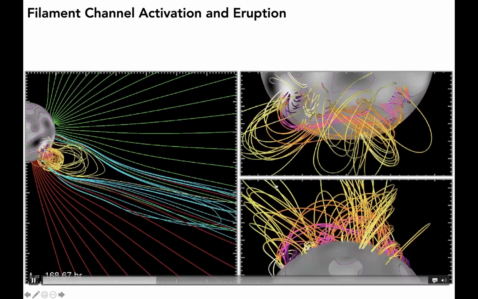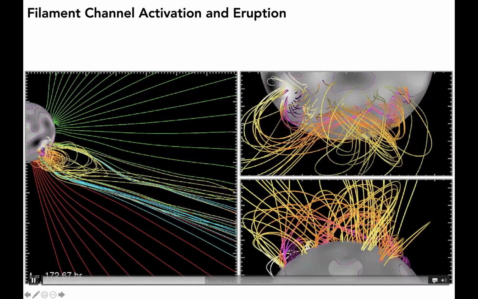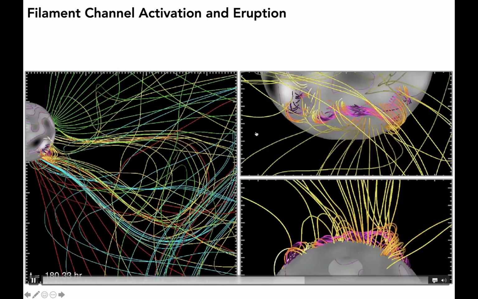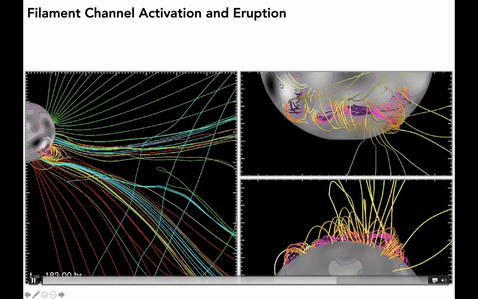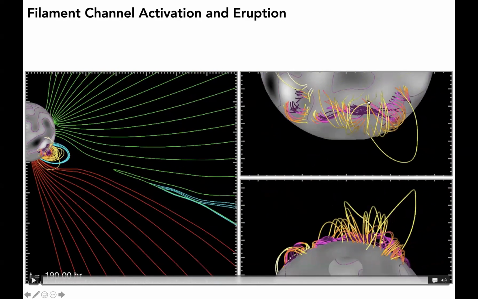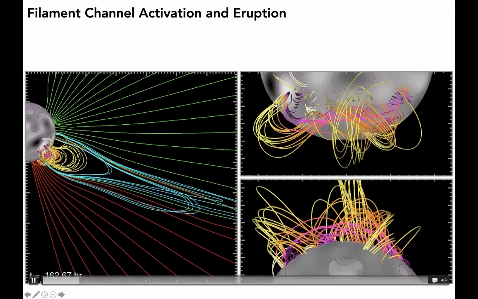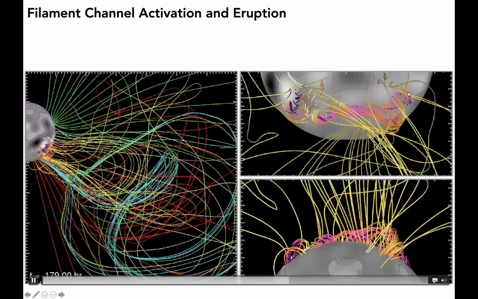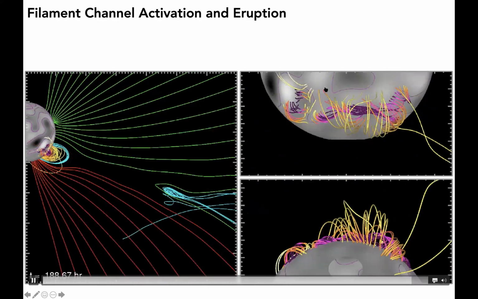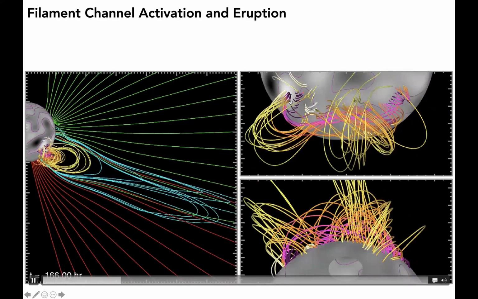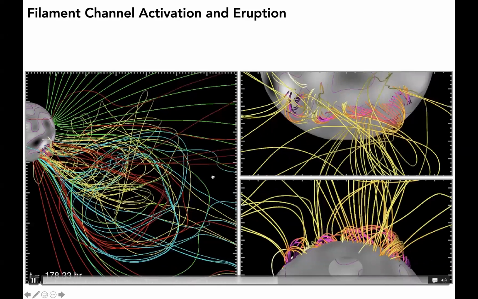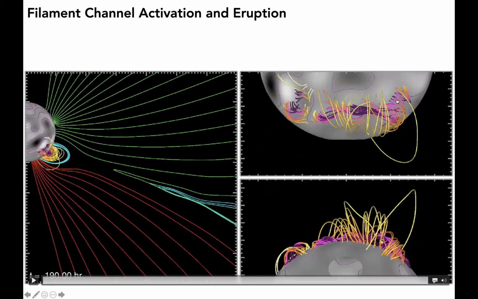The takeaway message here is you'll see the eruption happens on the east limb first and then propagates all across the polarity inversion line. That's very promising in terms of the overall global behavior, which seems to be what the observations show: the eruption happened first on the east limb and then progressed.